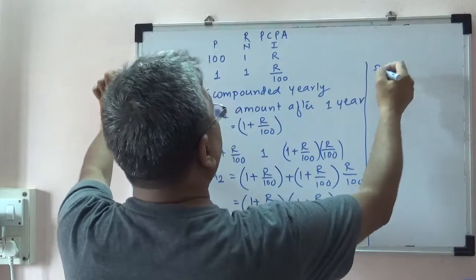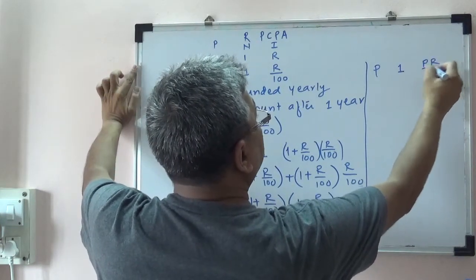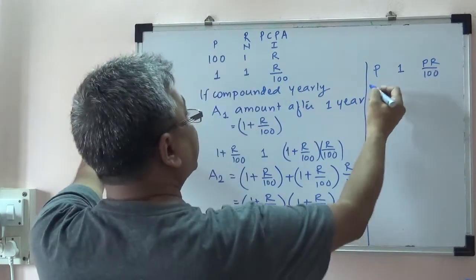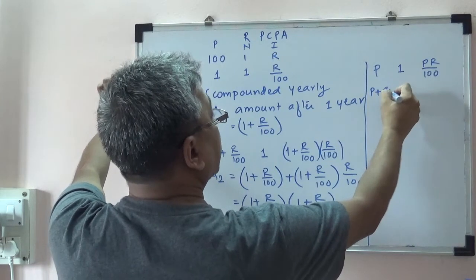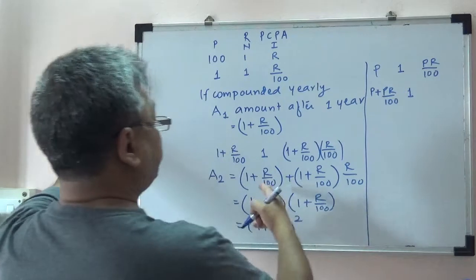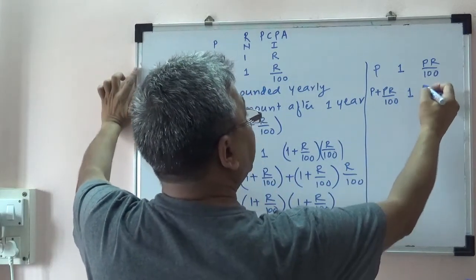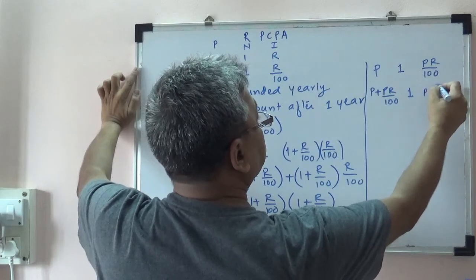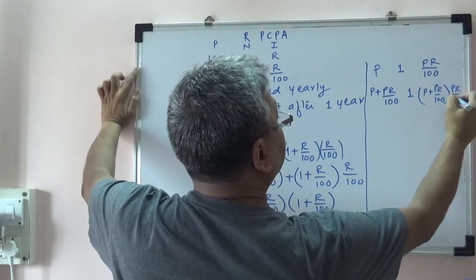So P amount kept for the first year, 1 year of operation, I get PR upon 100 as interest. For second year of operation, my principal becomes P plus PR upon 100. If I keep it for 1 year, I get something similar. So I get interest as P plus PR upon 100 into PR upon 100.